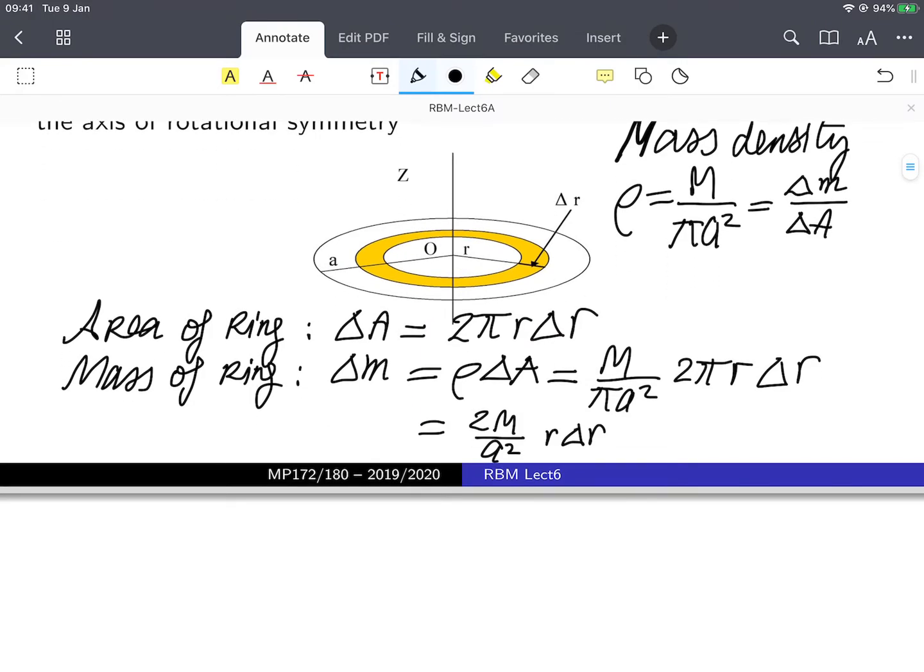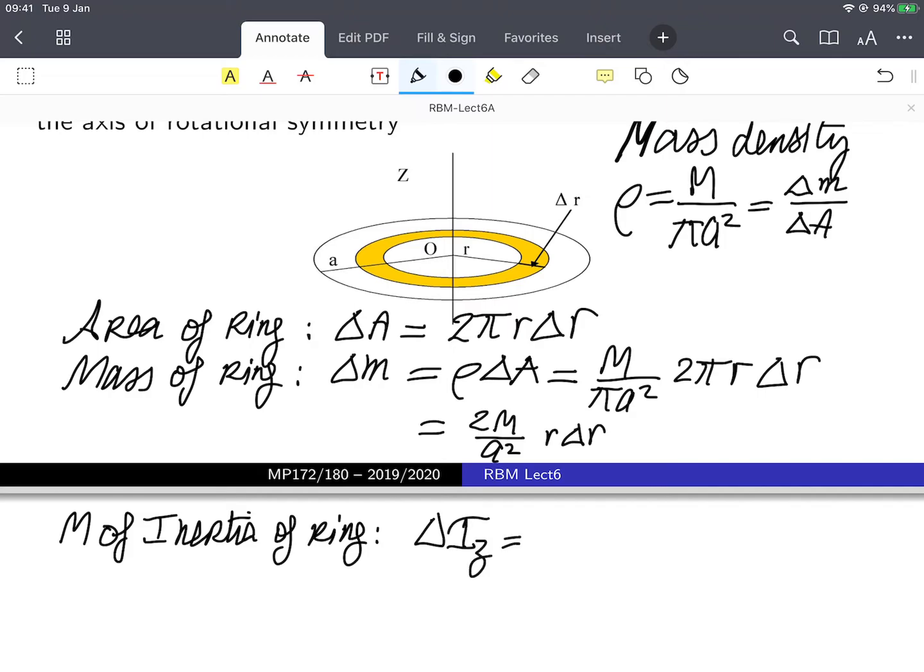the mass of the ring, I can compute the moment of inertia of each small ring here. I'm going to call it delta Iz, and it's going to be delta M r squared. Right?